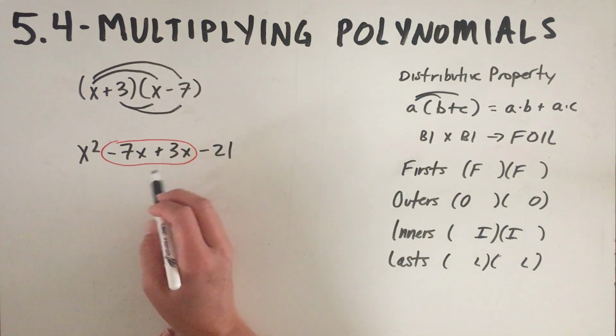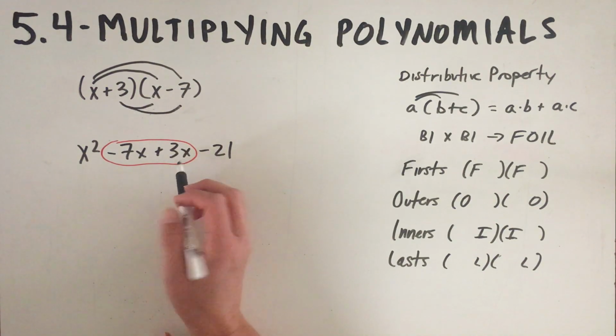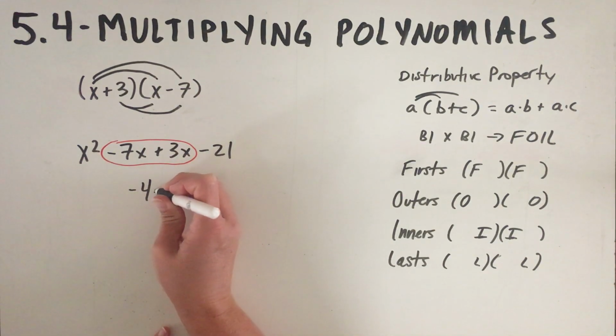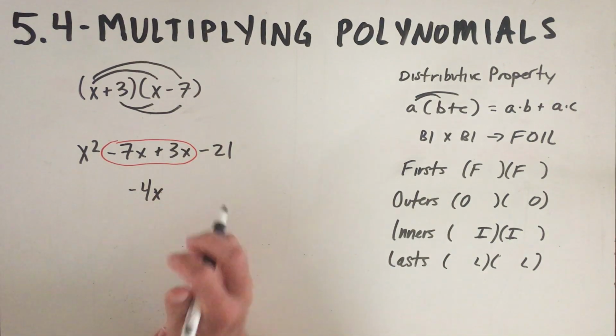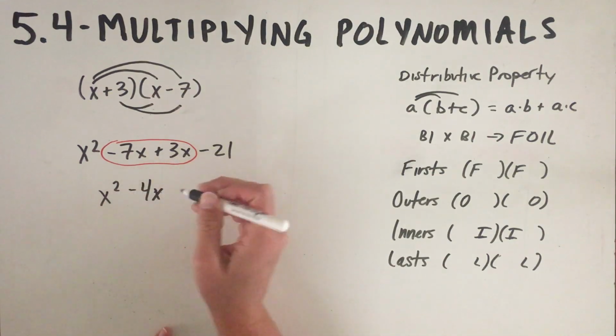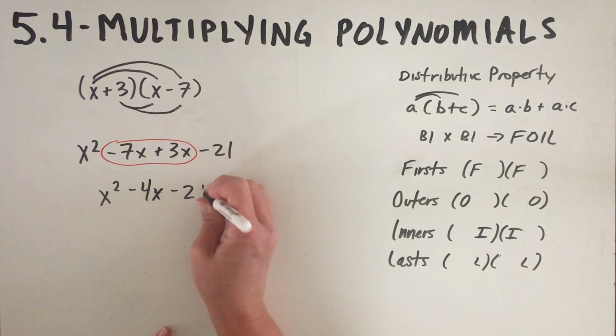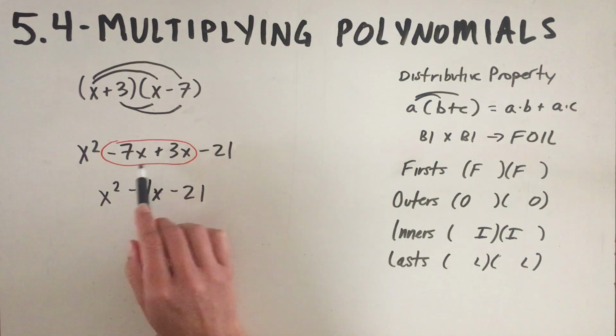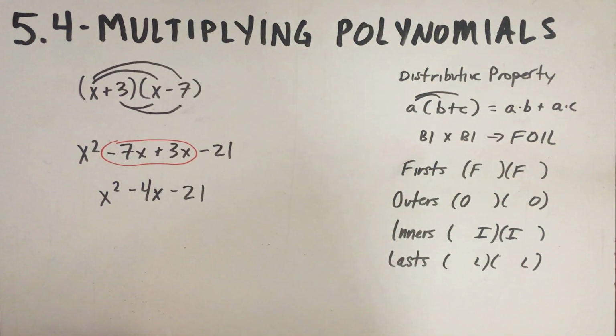So if I said I had 3 apples, x is apples, and I took away 7 apples, then I would have -4 apples. That wouldn't change. This x is still x. It doesn't become x squared. Okay, remember I combined the coefficient. -7 plus 3 is -4, but it's still x. I'm still talking about x.